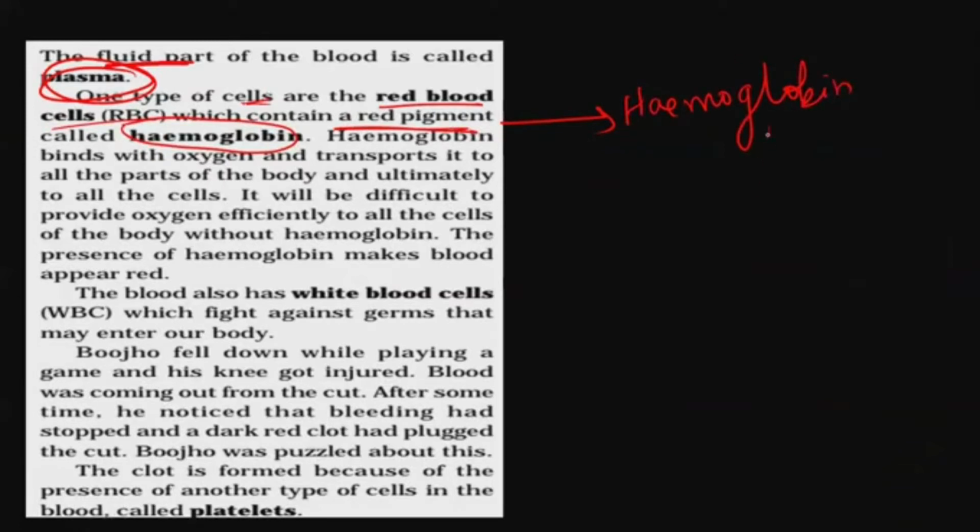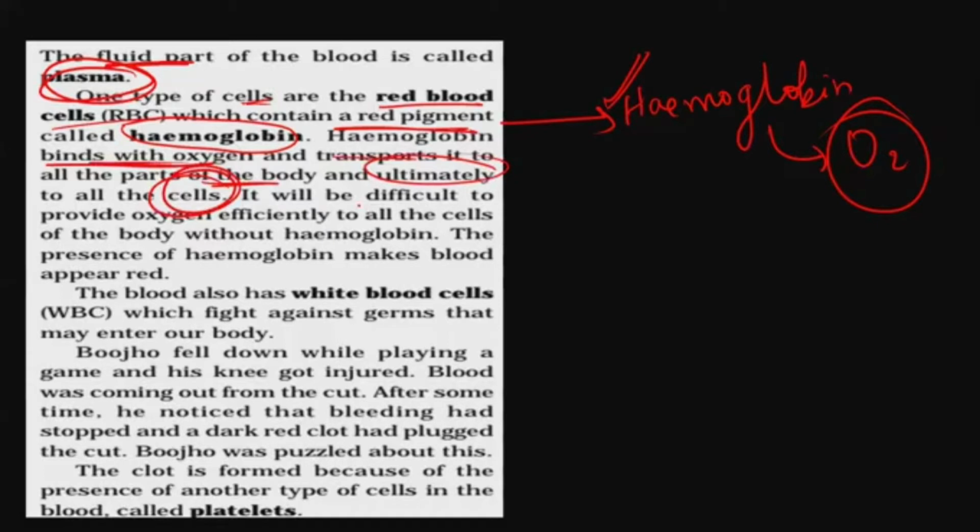So hemoglobin binds with oxygen. We discussed that a very important function of blood is to transport oxygen. So hemoglobin makes it very efficient to transport this oxygen. It binds with this oxygen, flows in the blood, and transports it to the various parts of the body. So hemoglobin binds with oxygen and transports it to all parts of the body and ultimately to all the cells.